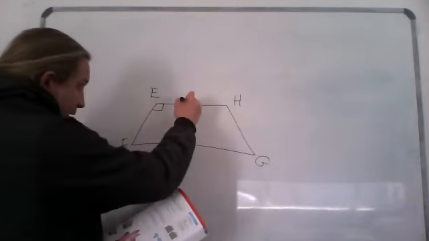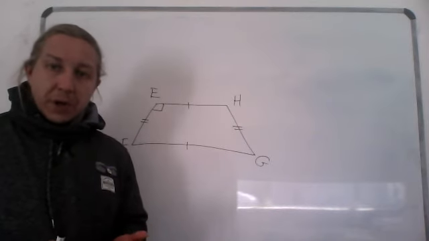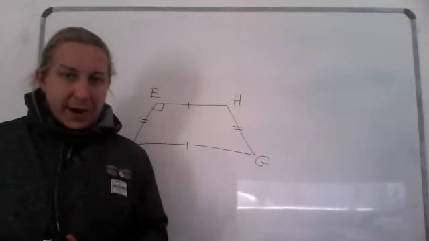Okay, so what could we possibly have? We could have a rectangle, a parallelogram, a rhombus or a square. Because they gave us this 90-degree angle, it has to be either a rectangle or a square, because nothing else will have a 90-degree angle in it.